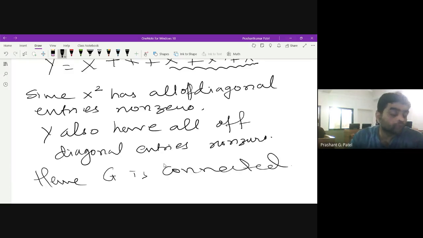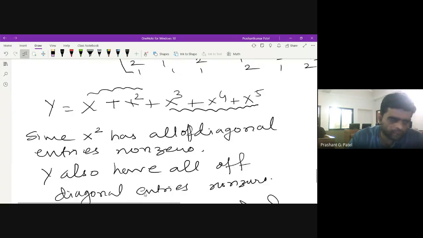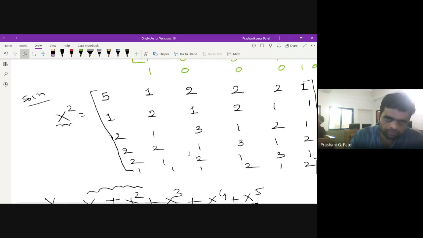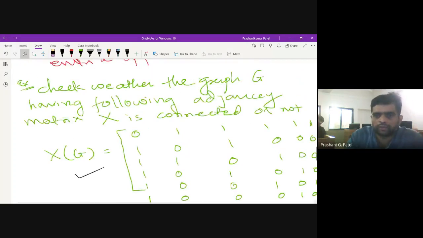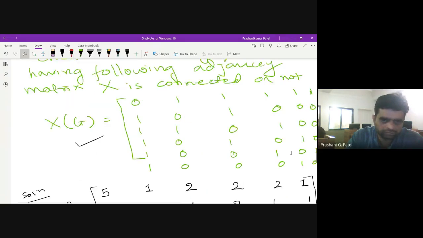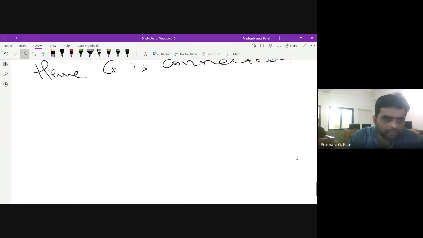So without plotting a graph, you can conclude. If you want, you can just verify also. You just try to plot what this graph is and find out whether that graph is connected or not. I'm giving you two examples to work out yourself.